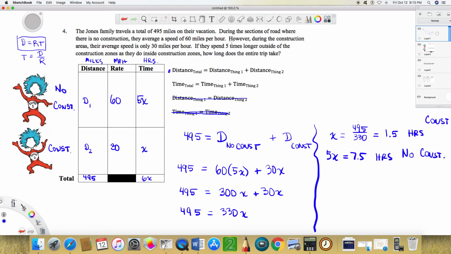So how long does the entire trip take? Well, 9 hours. 1.5 plus 7.5, right? The entire trip, 9 hours. That's my final answer. And I think that's the only thing it asked.